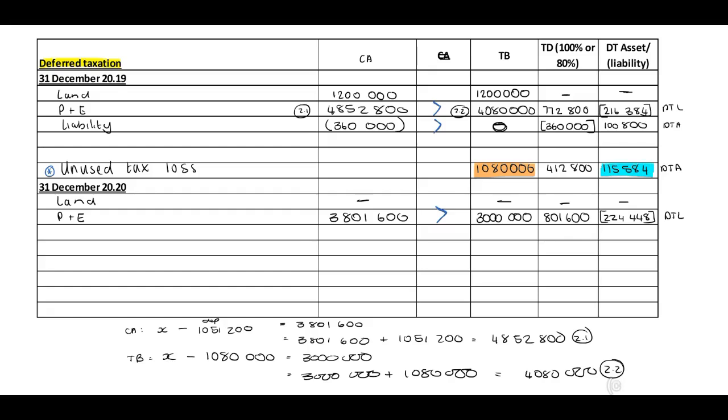Therefore, guys, the temporary difference 412,800, which they've provided to us, we were only able to utilize 412,800 to recognize a deferred tax asset. Sorry, guys.